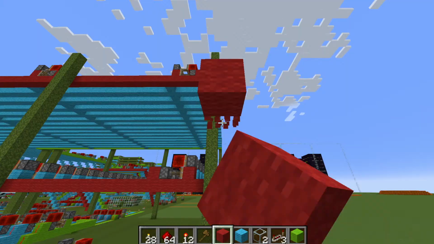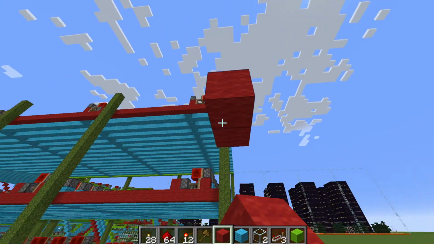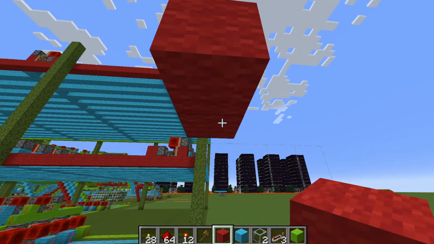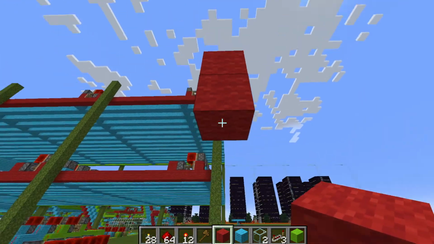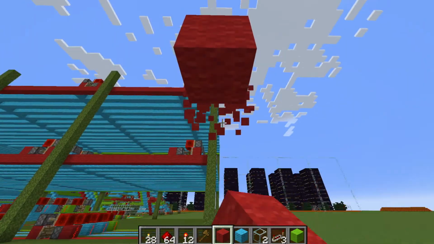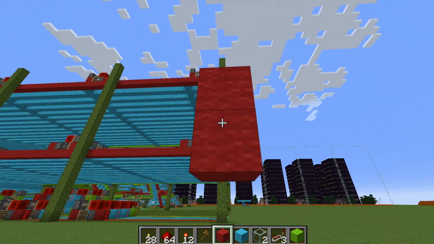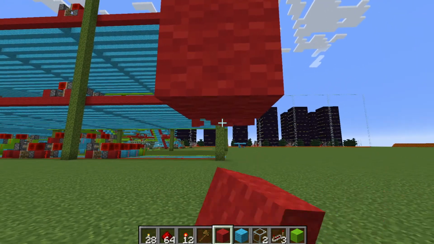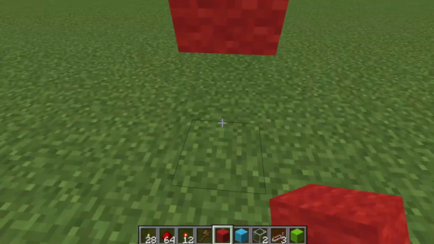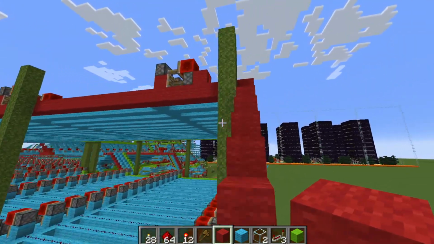So this needs to come all the way down to ground level. And there is one problem with this.